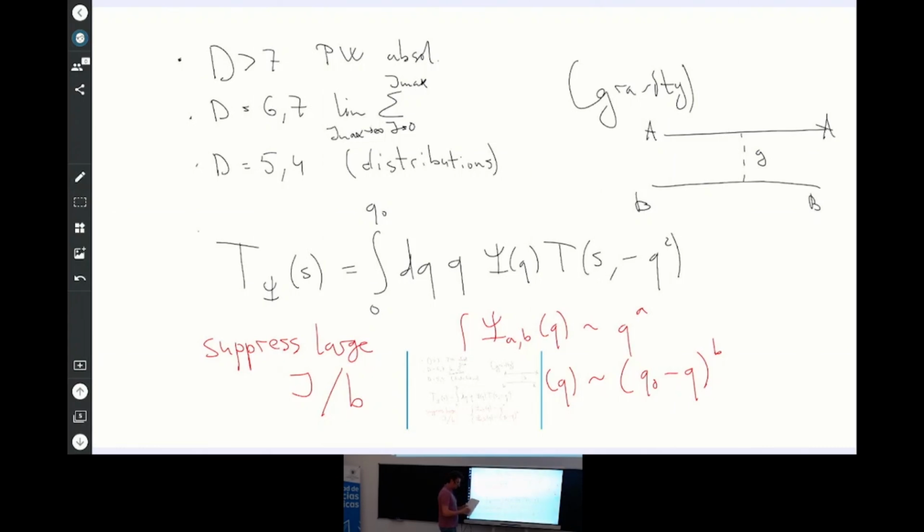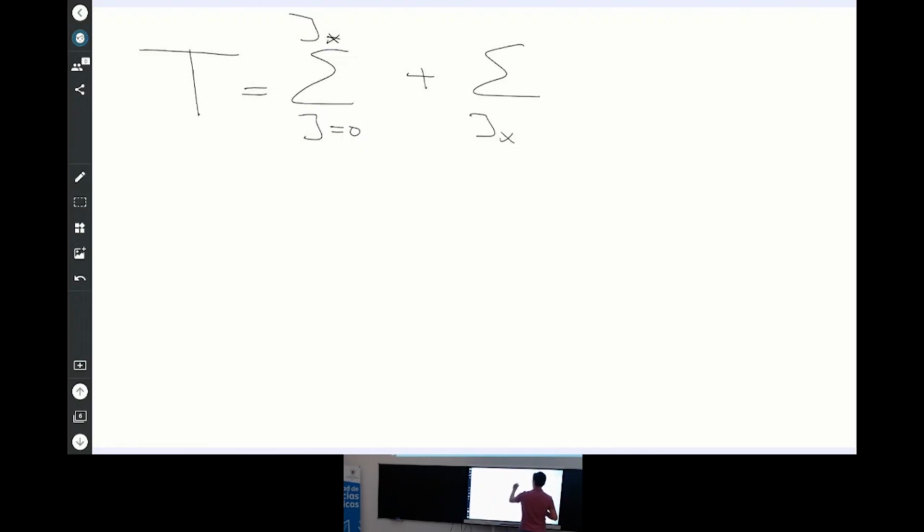Okay, now let me do this simple Froissart-like argument where I take my model for the amplitude and we simply split it into J up to J star, and J star to infinity. So this is a sum of partial waves. And here we can use some known physics, which could be, say, eikonal physics, that we are happy about.